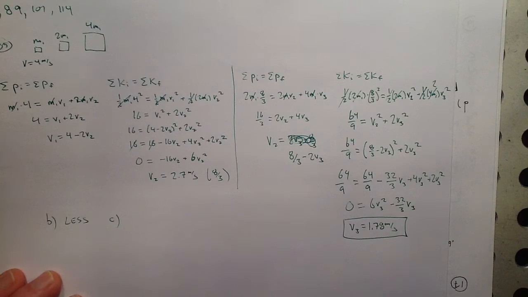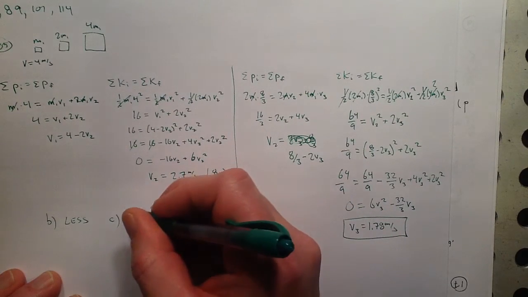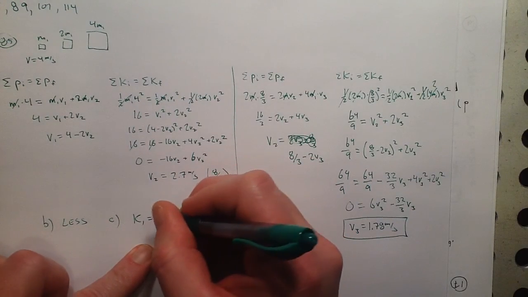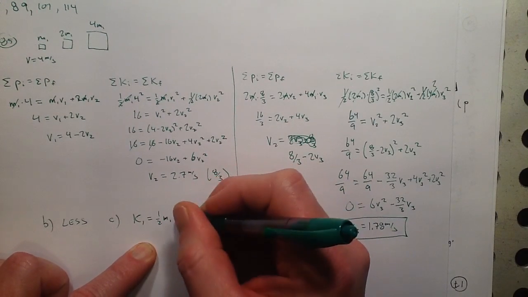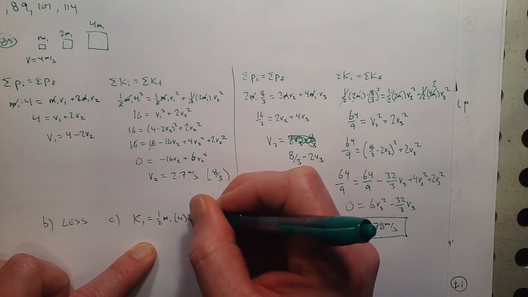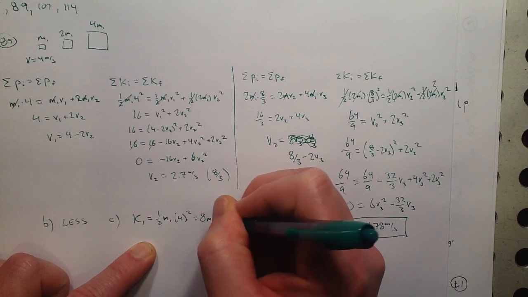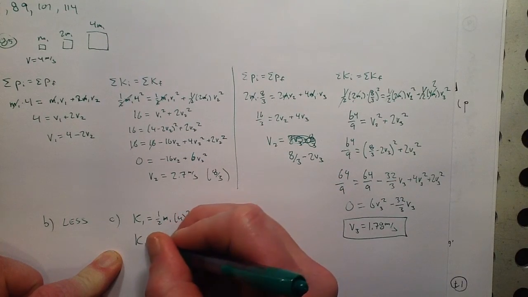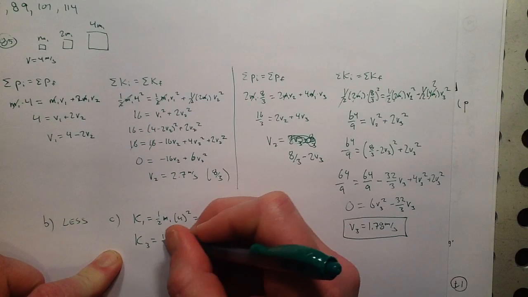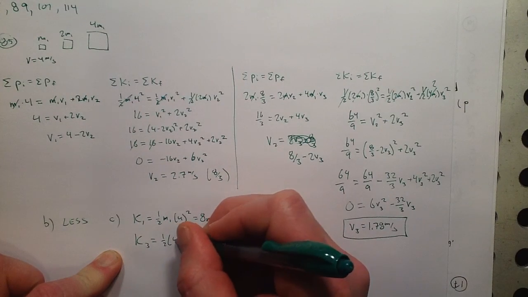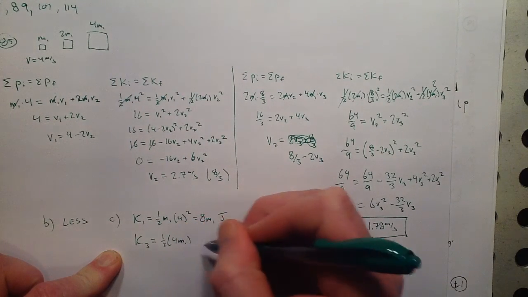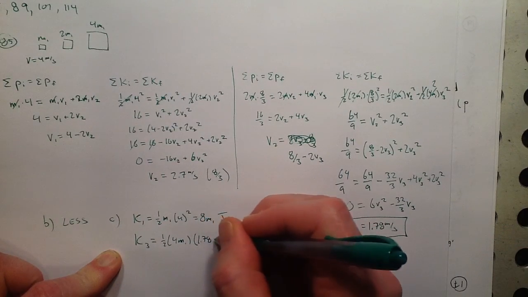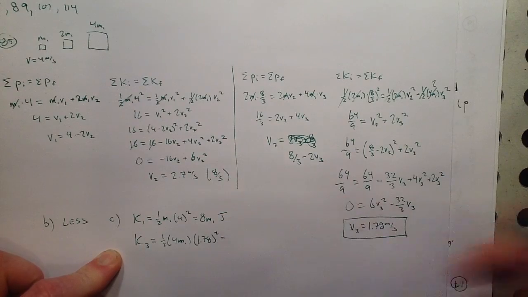The kinetic energy. Well, the kinetic energy of block 1 before the collision is 1/2 m1 times v squared. That's 8 m1 joules. And then the kinetic energy of block 3 after is 1/2 times 4 m1 times 1.78 squared.